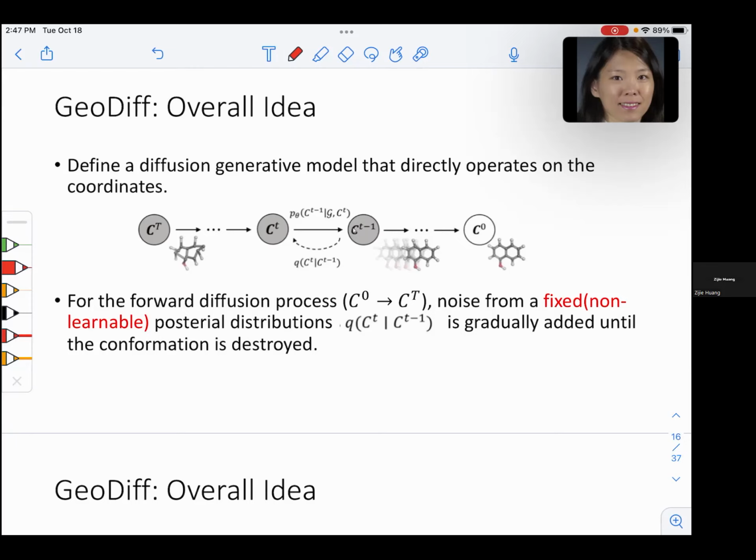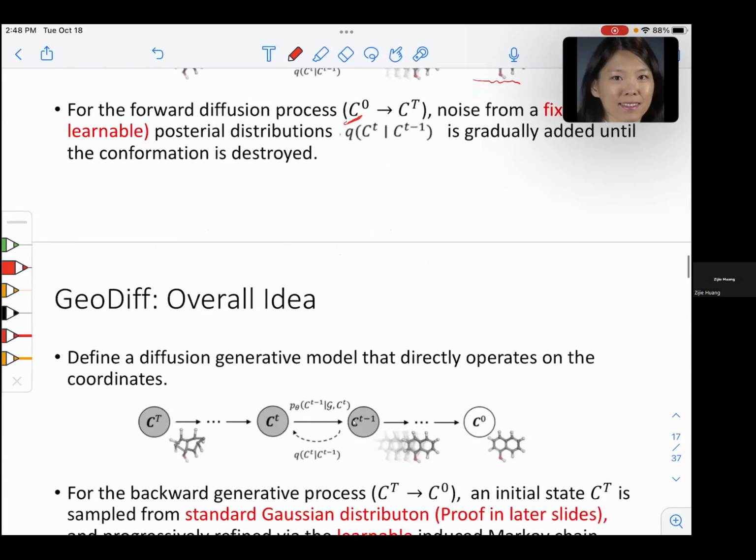So for the forward diffusion process, starting from the ground truth conformation, we adaptively add noise from a fixed posterior distribution, until this conformation has been destroyed.